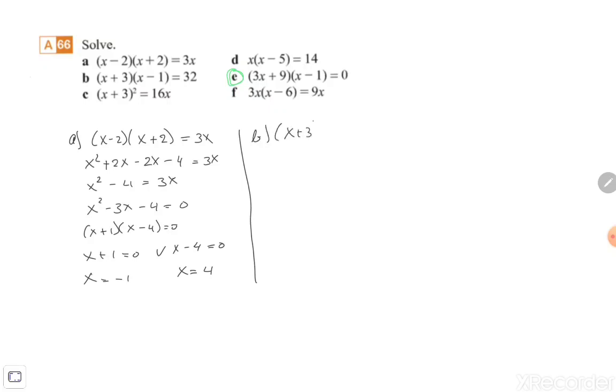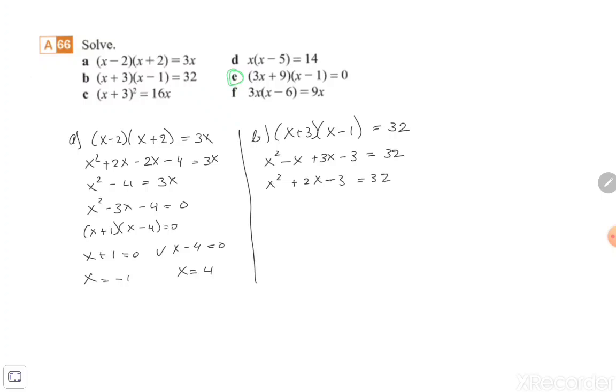(x plus 3) and (x minus 1) is equal to 32. This one isn't a remarkable product because I see different terms inside the brackets. So x times x is x squared. x times minus 1 is minus x, 3 times x is plus 3x, and 3 times minus 1 is minus 3, is equal to 32. x squared plus 2x minus 3 is equal to 32.